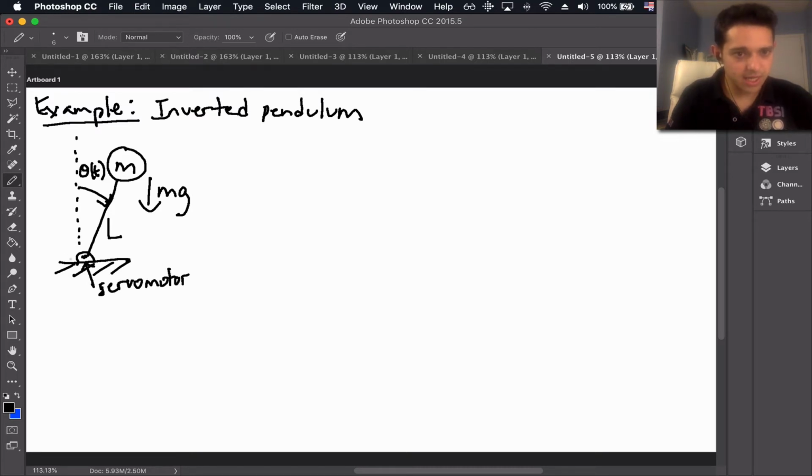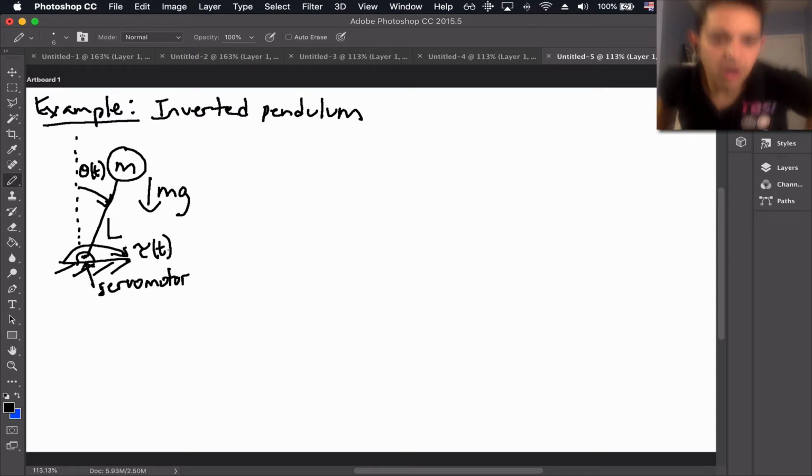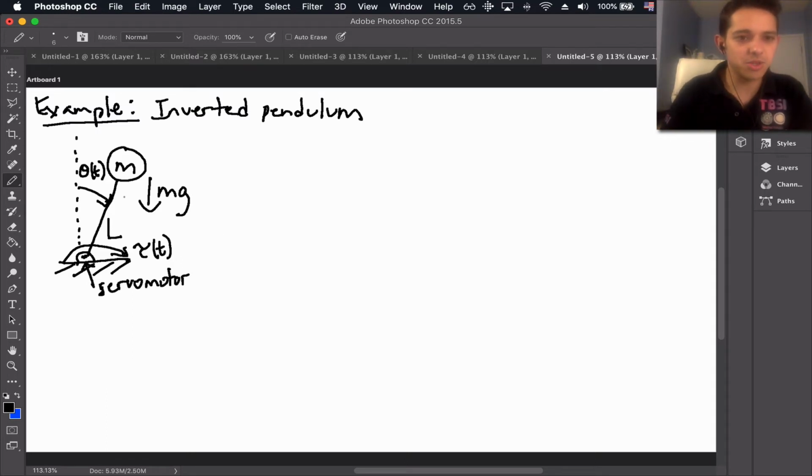And this motor can enact a torque, which I'm going to denote by tau, which will cause the pendulum to move in clockwise or counterclockwise direction, depending on how I actuate this torque.